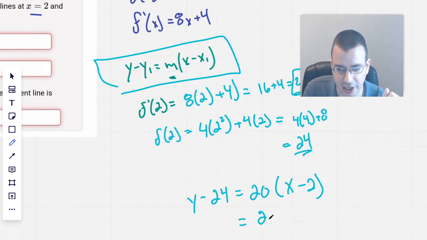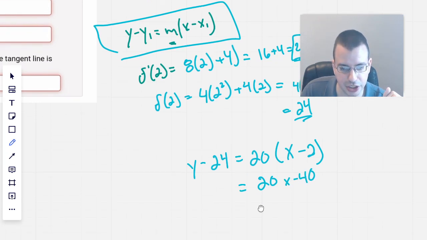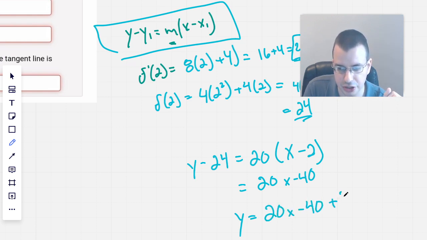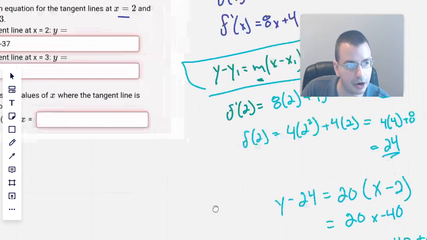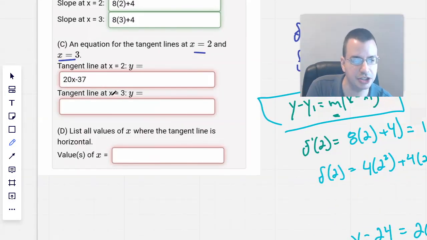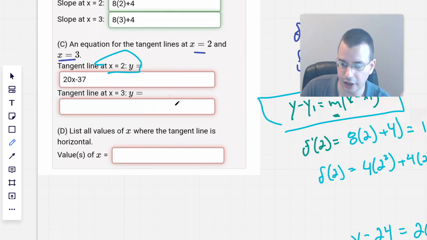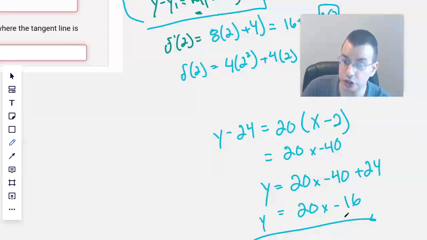So simplifying this, we have 20x minus 40. Rearranging this, we have y equals 20x minus 40 plus 24, which gives us 20x minus 16. And so our answer for the first part of part C would be y equals 20x minus 16.